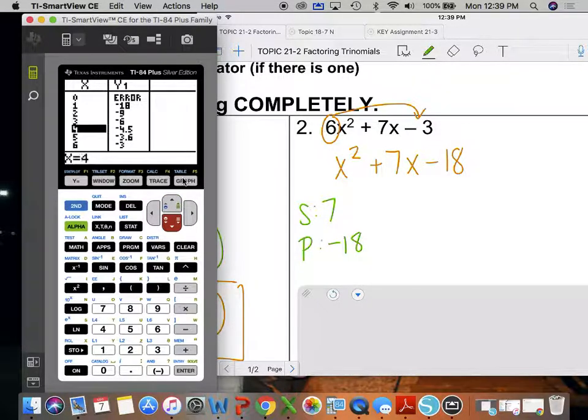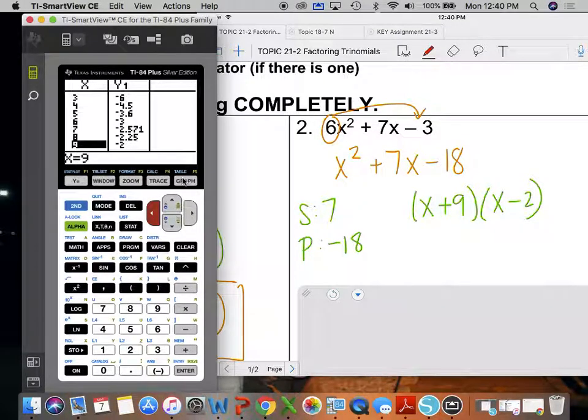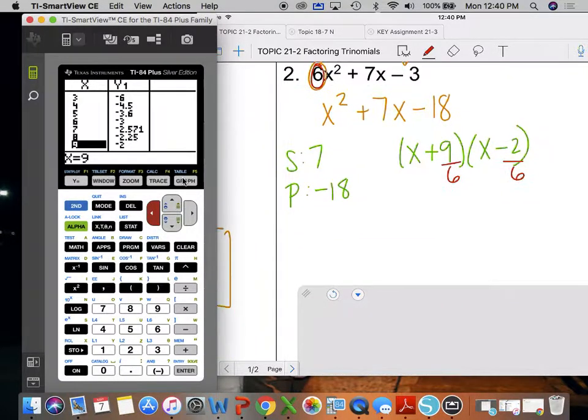2 plus negative 9 would give me a negative 7, so let me go look at the other way. 9 minus 2 would give me 7. So 9 minus 2. I then have to slip this 6 or slide it back to the front.